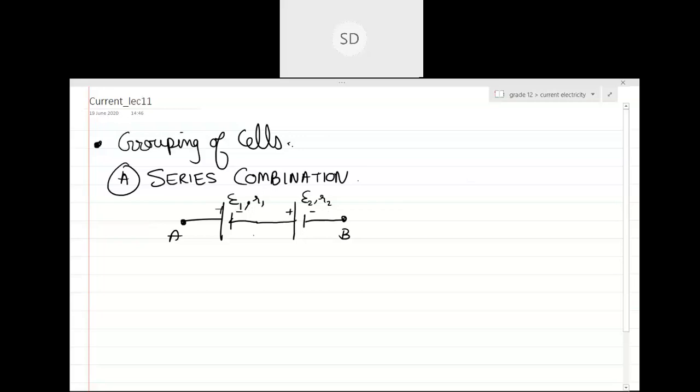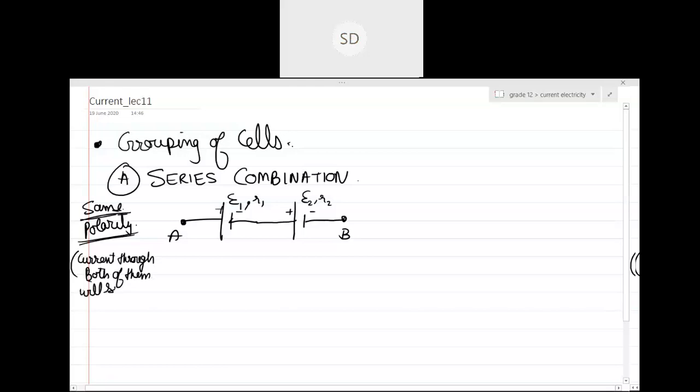Note, this is basically same polarity. Why am I saying they are in the same polarity? Because the current through both of them will support each other, right?